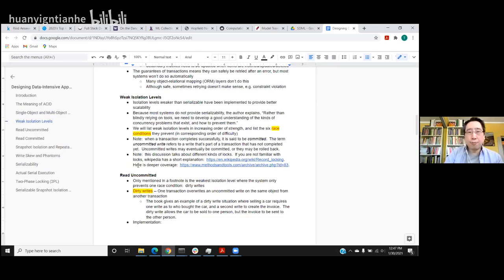Based on that, we create different kinds of locks. Depending on the kind of lock, before you do a read or a write, you will look to see if somebody else has a lock. Then you can set up the rules as to which operations will force you to wait and which ones will allow you to go ahead.